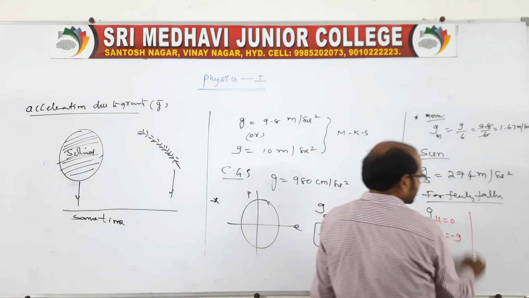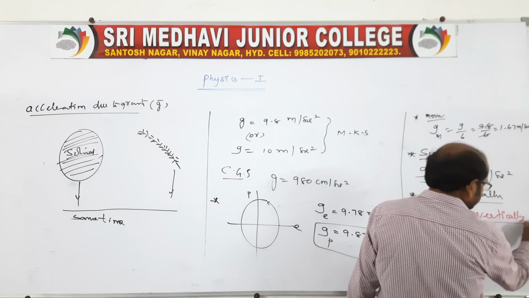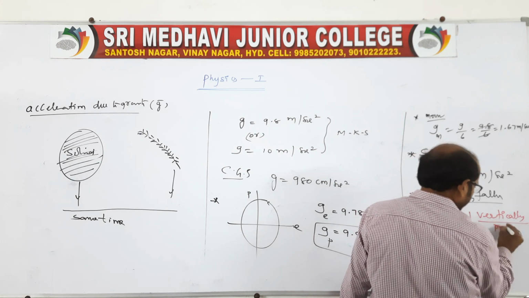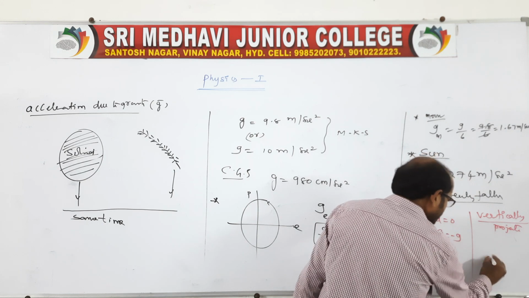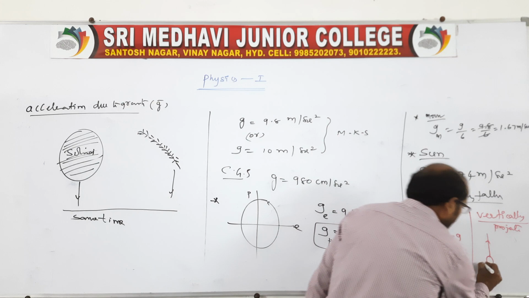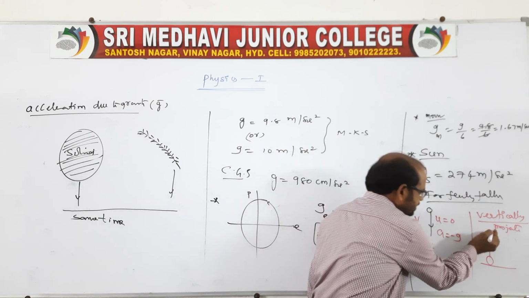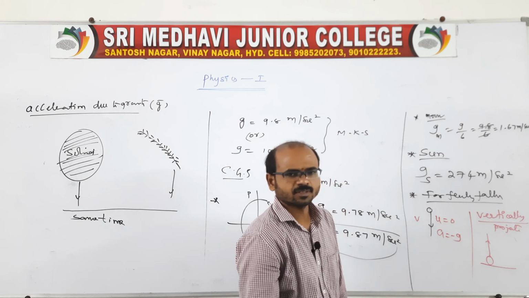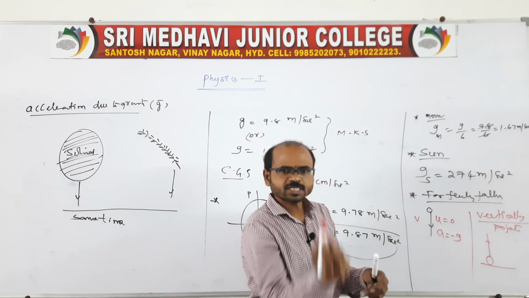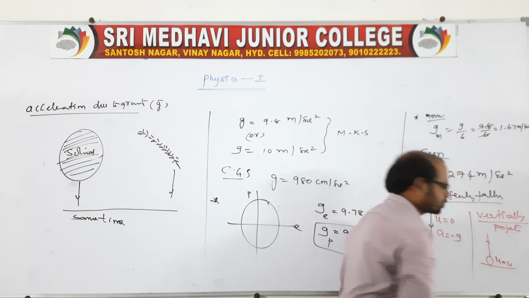Suppose the body is vertically projected up like this. The body is moving opposite to the acceleration due to gravity, because the acceleration due to gravity always acts towards the center of the earth, but the body is moving up with velocity u.